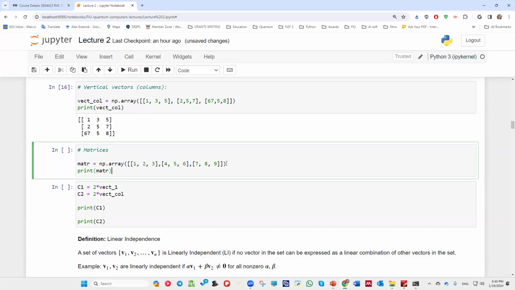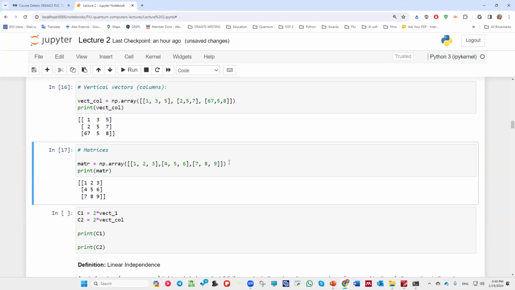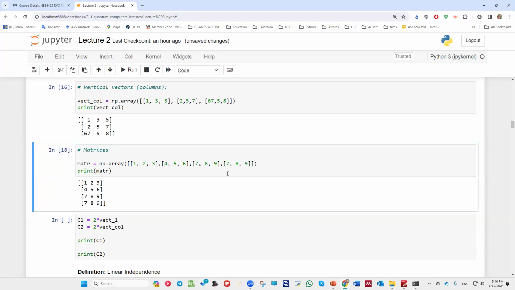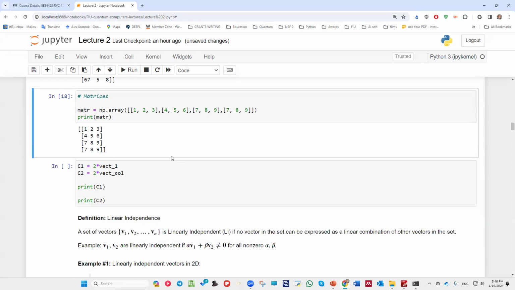So this brings us to the point of matrices. A matrix is a generalization of a vector, right? And in Python, this matrix can contain as many rows or columns as needed. In this way, it is essentially a table of numbers, maybe data.